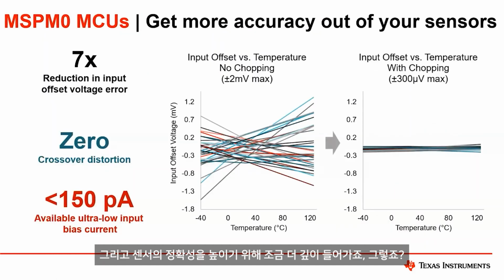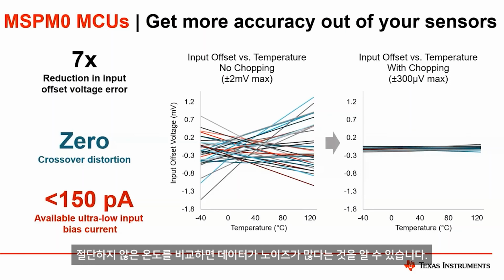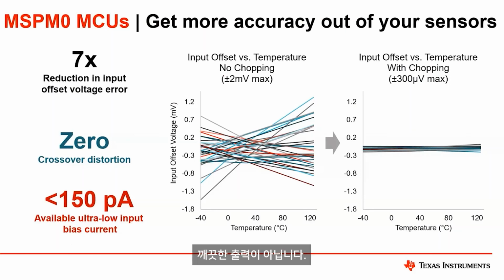Going a little deeper into getting more accuracy from your sensors, we have around 7 times reduction in input offset voltage error. As you can see from the data on the left, comparing the input offset versus temperature with no chopping, the data is all noisy, it's not a clean output.